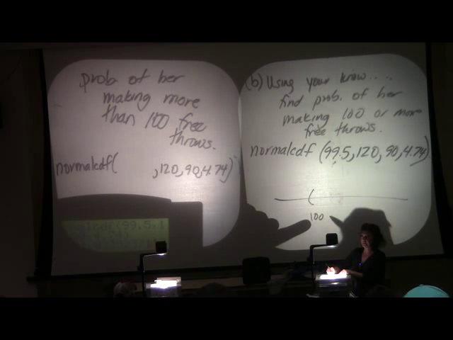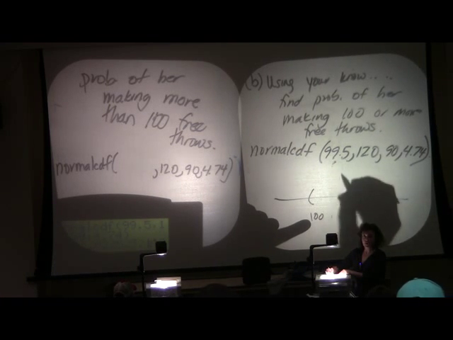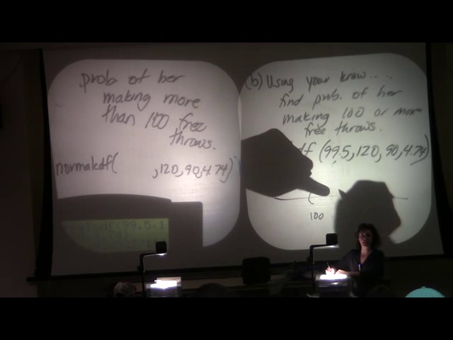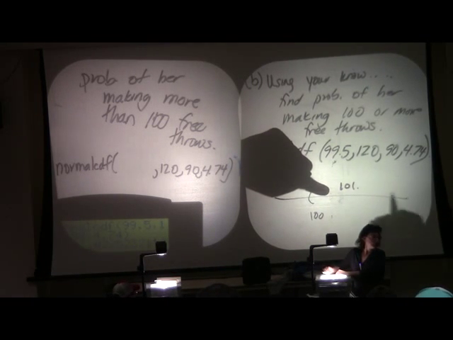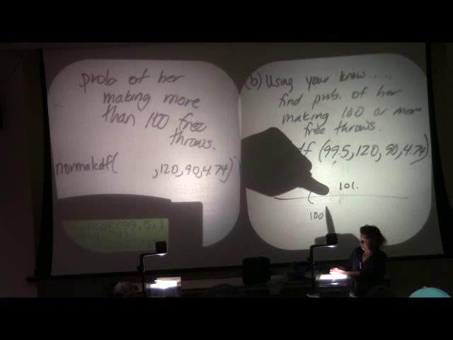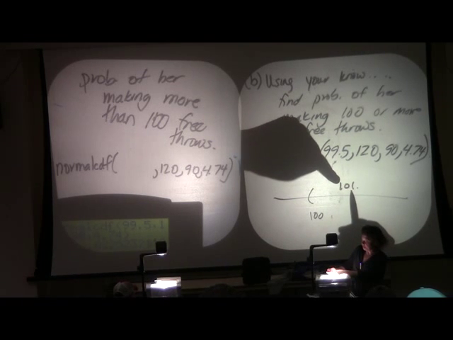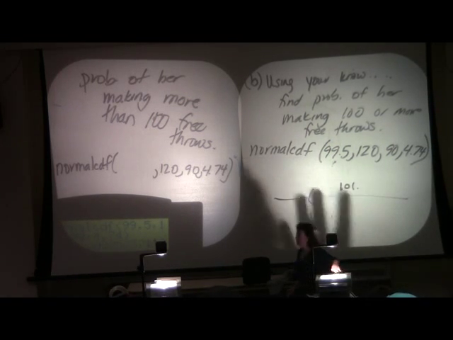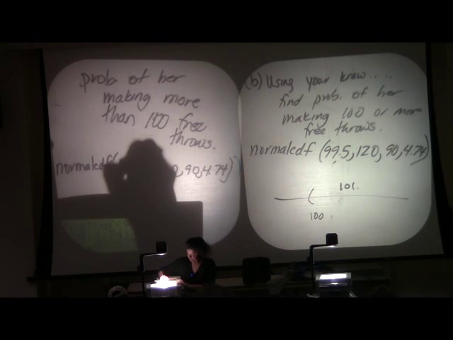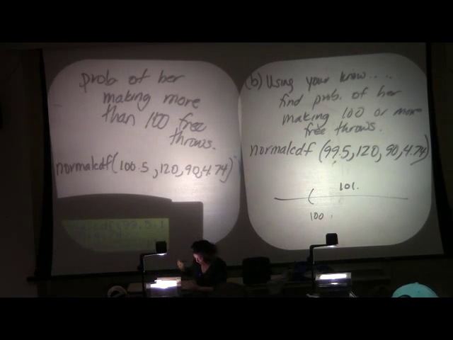Am I interested in 100? No. What would be the smallest number I'm actually interested in? 101, right? So, if I want more than 100, but I want to include 101, what would I bump to now? 100.5. Good job. And you'll see what a trivial difference it really makes.